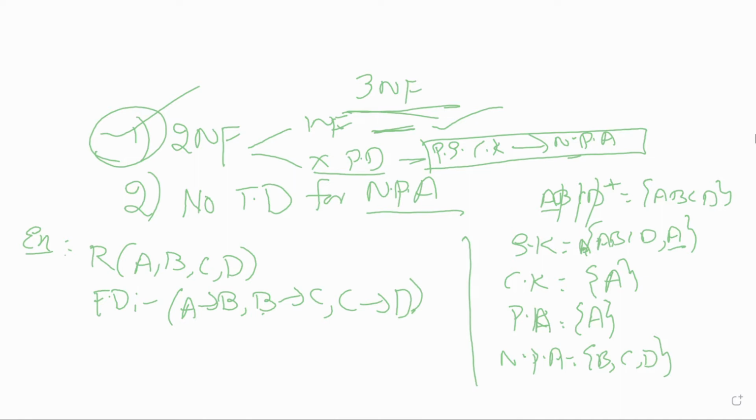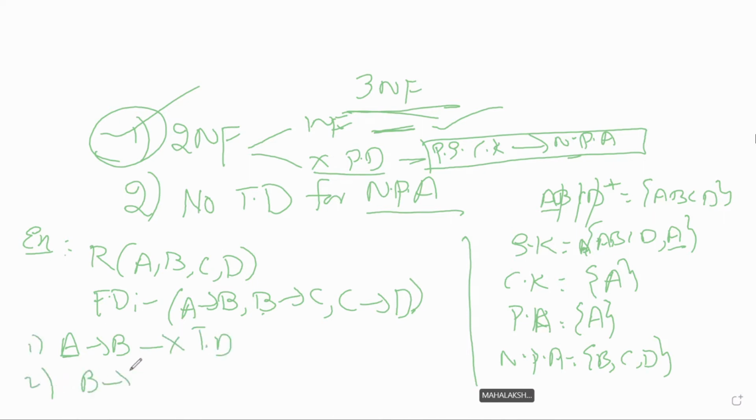Okay, there is transitive dependency. So see here, I'll just write. We'll take the first one, A to B, and here it is not a non-prime attribute, so there is no transitive dependency for the first one.